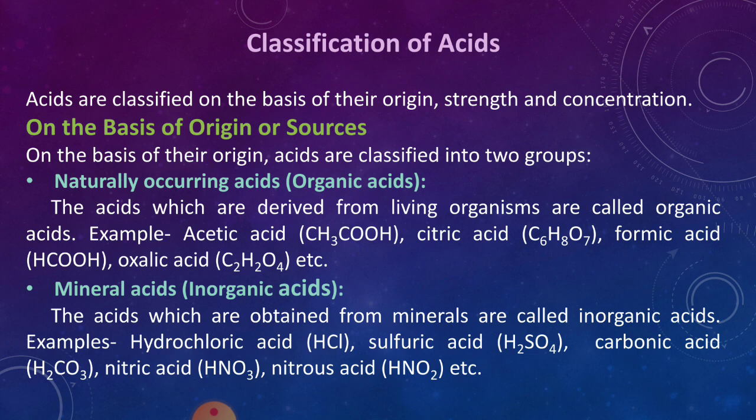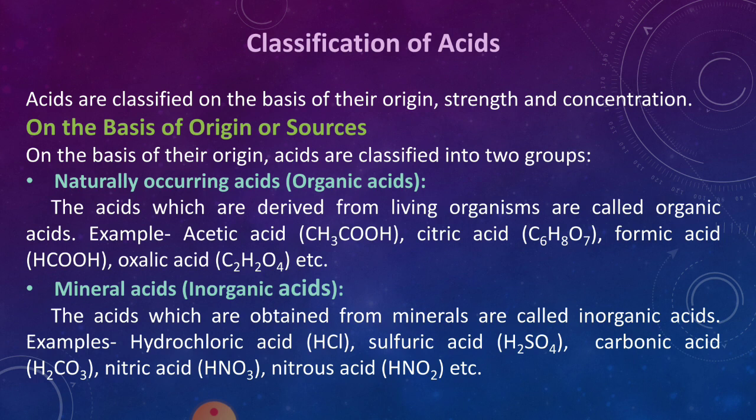Mineral acids are inorganic acids. So, the acids which are obtained from minerals, the acids which are derived from minerals, such acids are called mineral acids. As for example, hydrochloric acid, means HCl, sulfuric acid, means H2SO4, carbonic acid, means H2CO3, nitric acid, HNO3, etc.